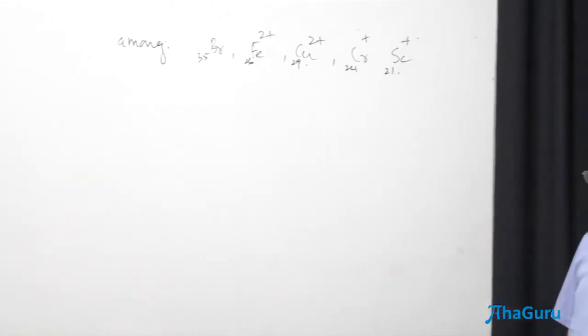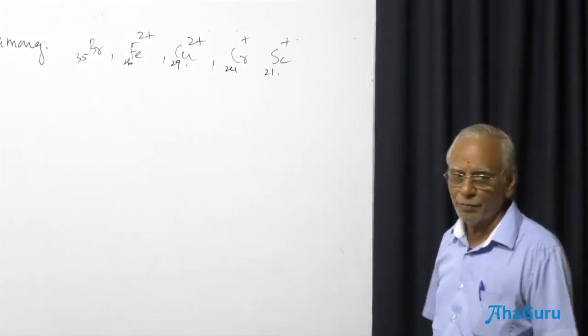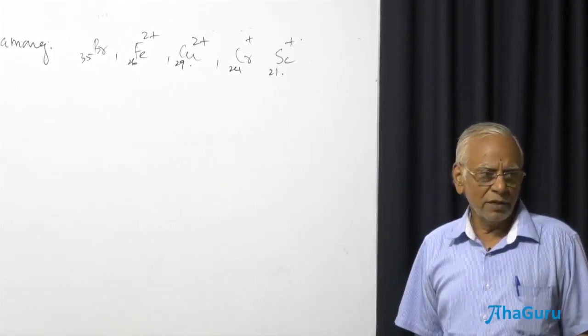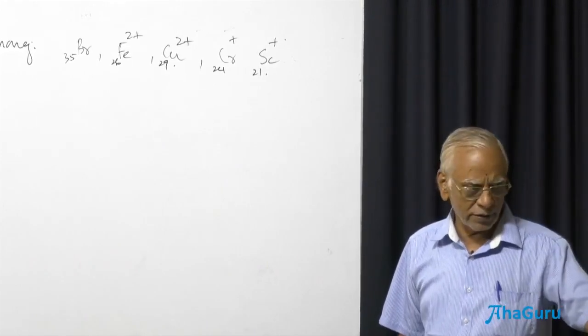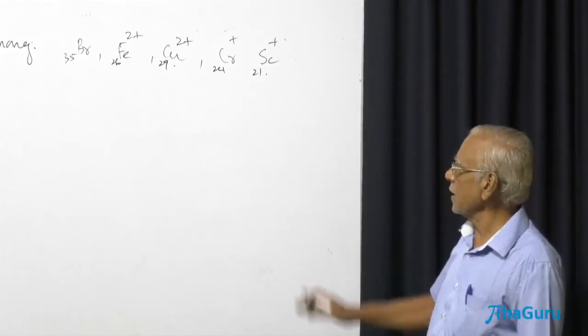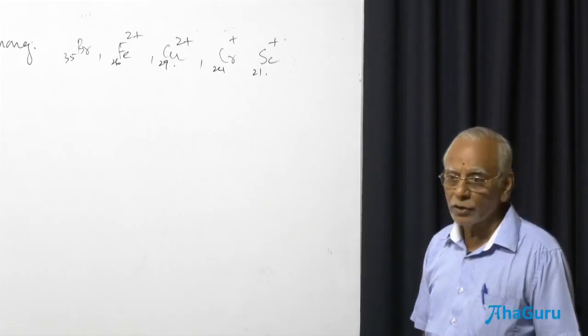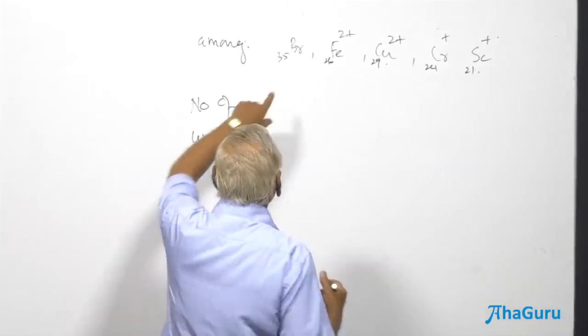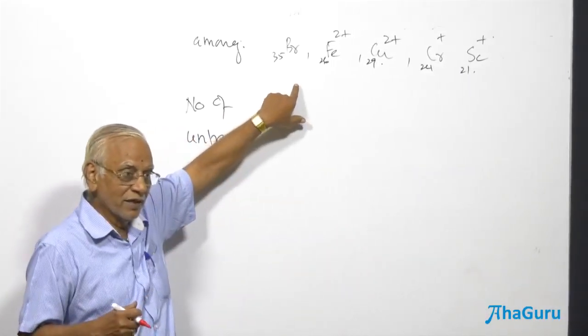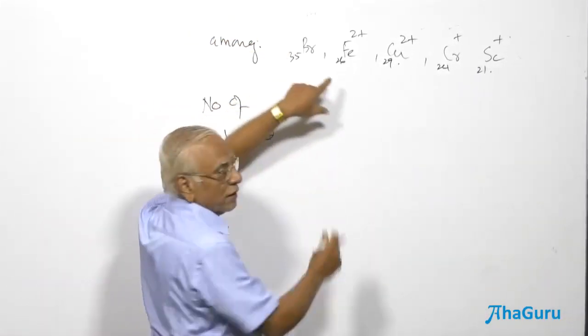How many of these 5 examples have got the same number of unpaired electrons? Did I say unpaired electrons? Yes. Now you have to say all the 5, only 4, only 3, only 2 or 1. The number of unpaired electrons in bromine? 1.